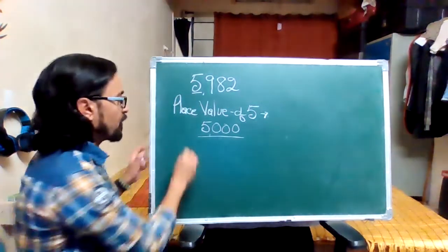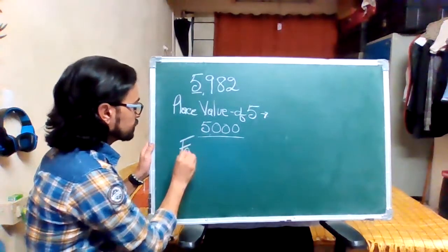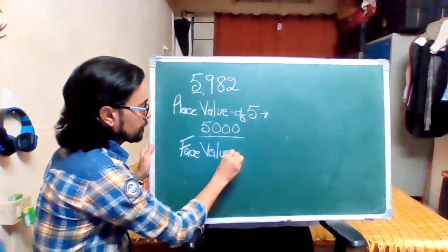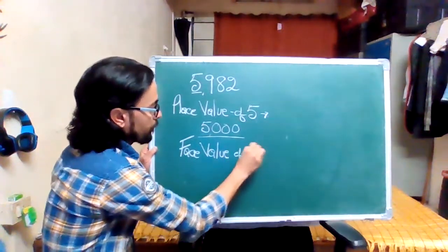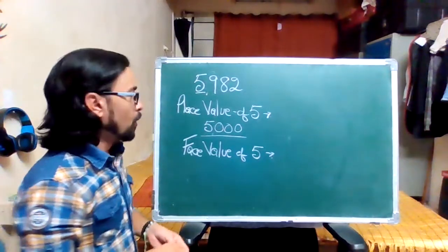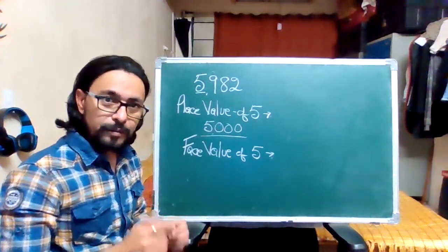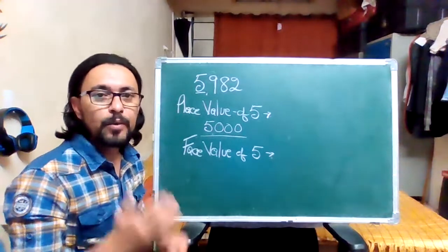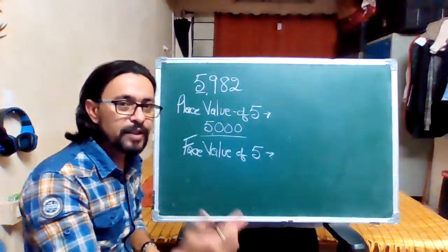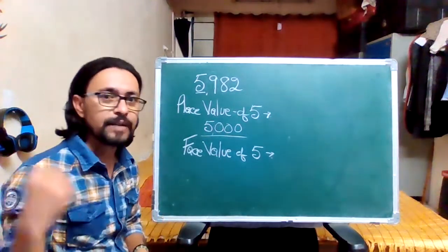When I talk about face value, first, place value means place. Place means where you are. When you stand in a line, either you stand right in front or somewhere in between the line, or you stand right at the back of the line.